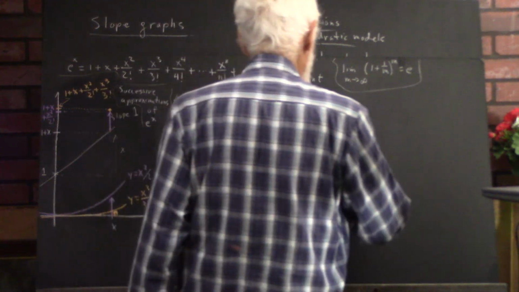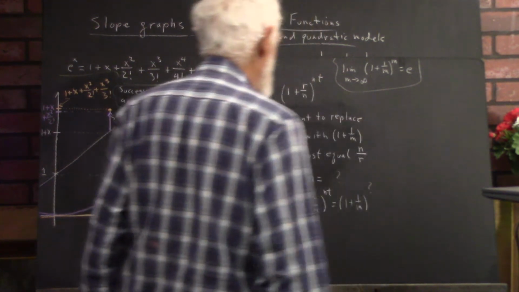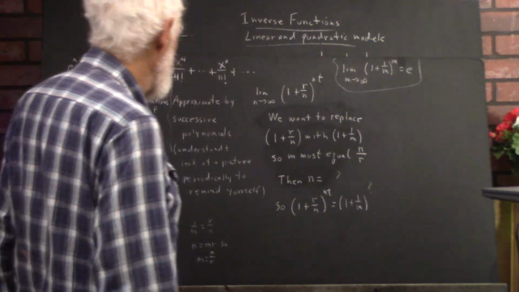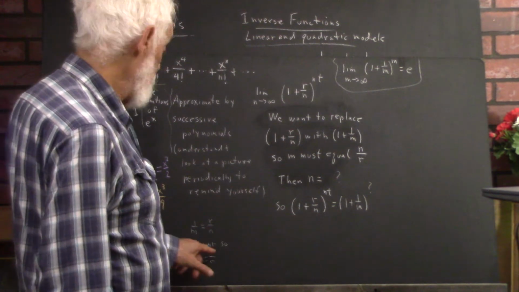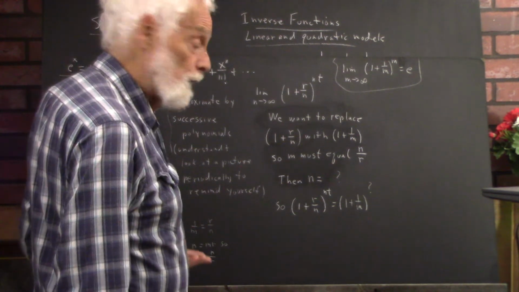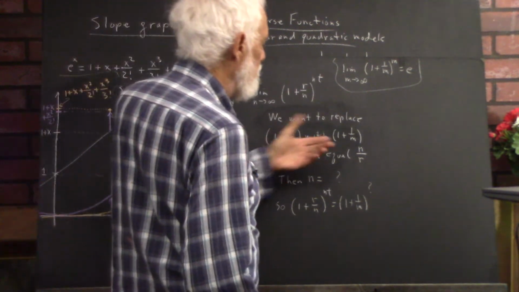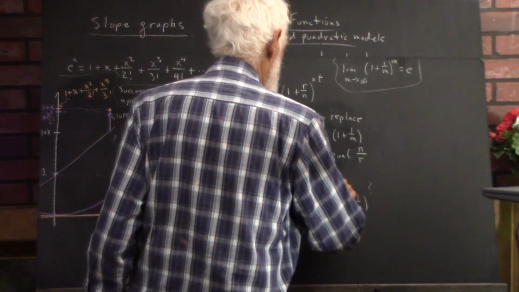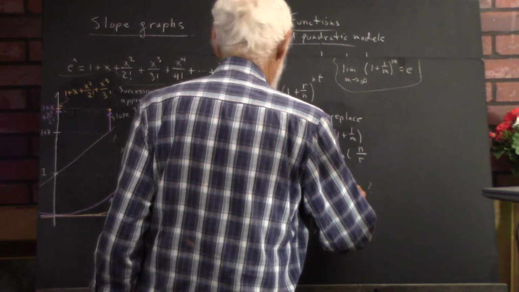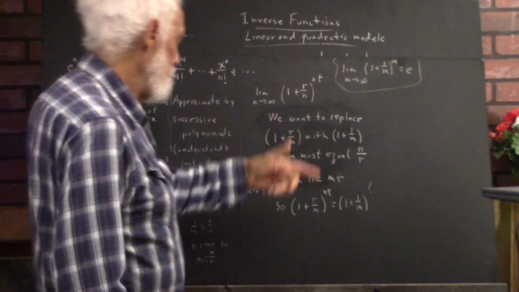So m must equal n/r, in which case n equals what? Well, if you wrote this out, you would see that n equals m times r. But if you say that m equals n/r, it's easy to solve that for n. And you see that n has to equal m times r. n equals m times r.